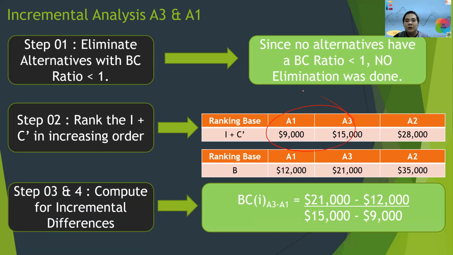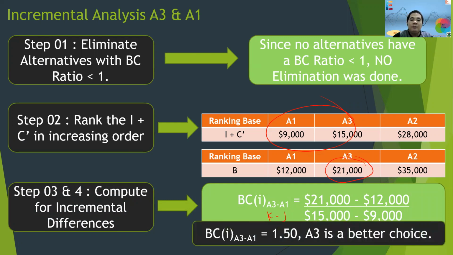So A3 minus A1, that is A3 as K minus J. So A3 is 21,000 since it is B over C: 21 minus 12 over 15,000 minus 9. Therefore, its BC ratio is 1.50. What does that mean? This means the BC ratio is positive if it's greater than 1. Therefore, A3 is better than A1.